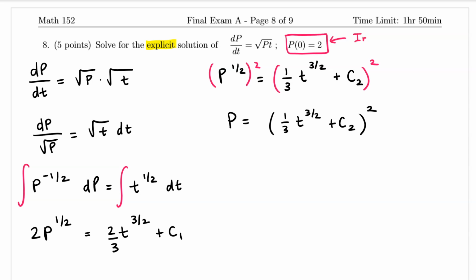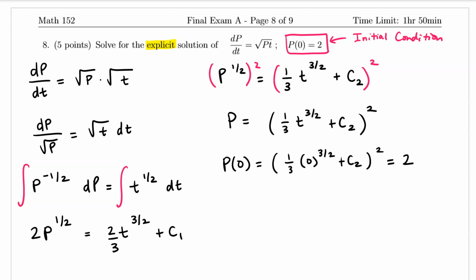Remember that this is called an initial condition, and the initial condition is going to help us find the particular solution. So P of 0 is equal to, anywhere I see t, I'm going to replace it with 0. And we know that this quantity is equal to 2.